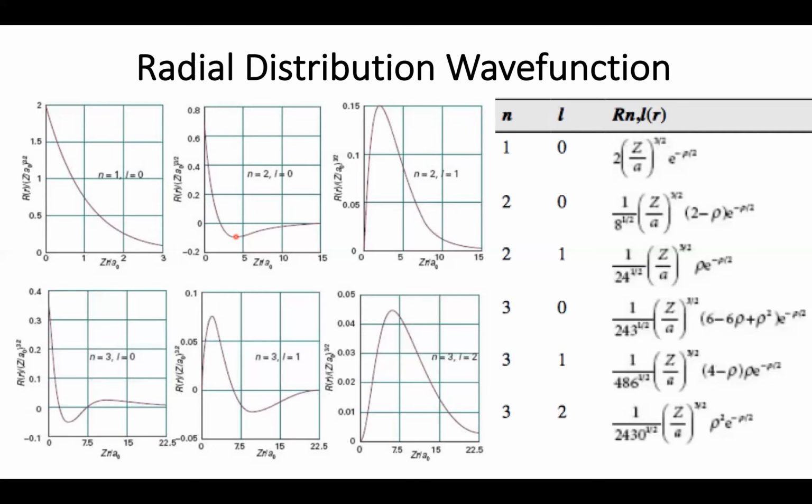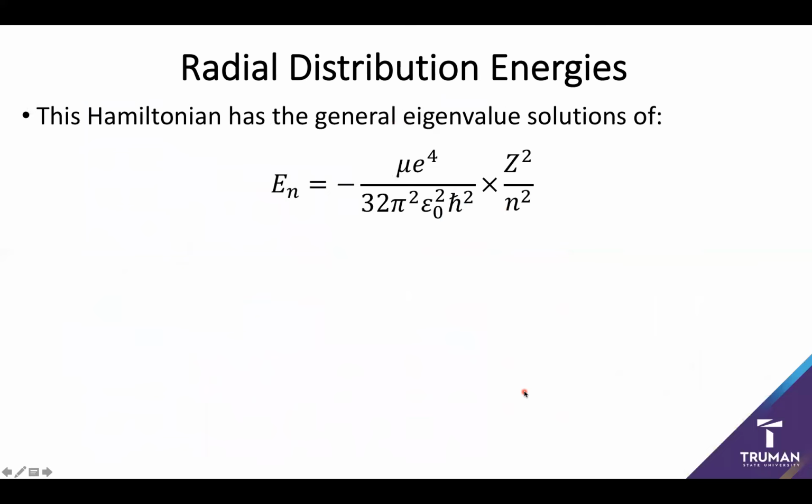However, in the meantime, I want to take a moment to really focus in on some of the meaning of those values of n. It turns out that we can apply our Hamiltonian to these wave functions, and we generate a fairly general set of eigenvalues. Now, one of the cool factors I want to show is that our eigenvalues pop out a whole bunch of constants, which isn't too surprising considering how complex those functions are.